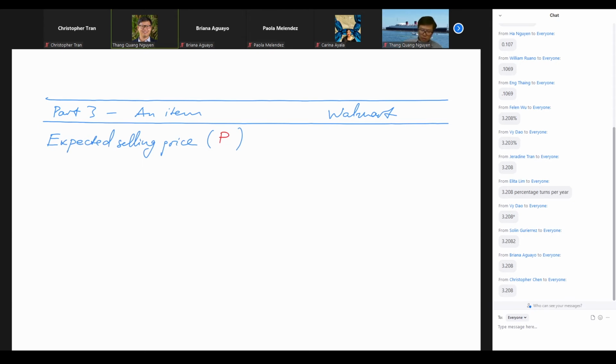So the equation is the following. The expected selling price equals the cost of the item divided by 1 minus the GPM. That's the gross profit margin, or sometimes in the annual report, they only call it a margin, okay? What is that?